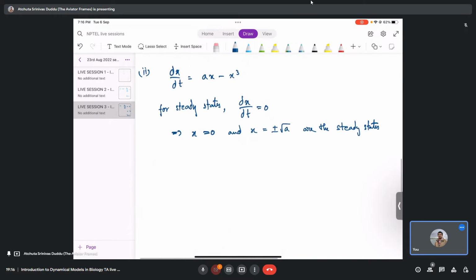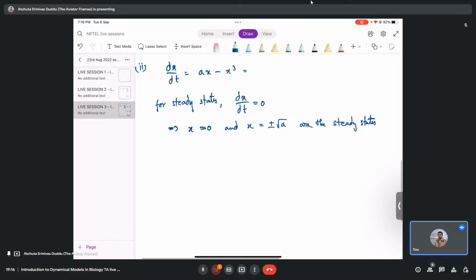Also, if we take this as f of x, then d by dx of f of x will be equal to a minus 3x square, which we'll write for now as 1, so that we can compute later.